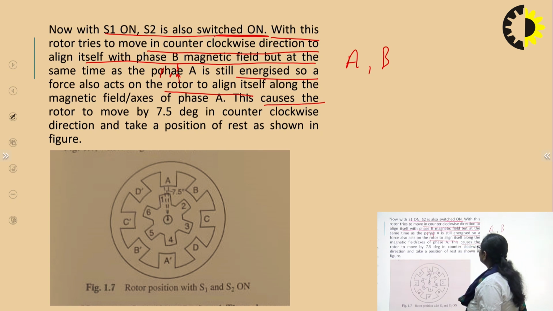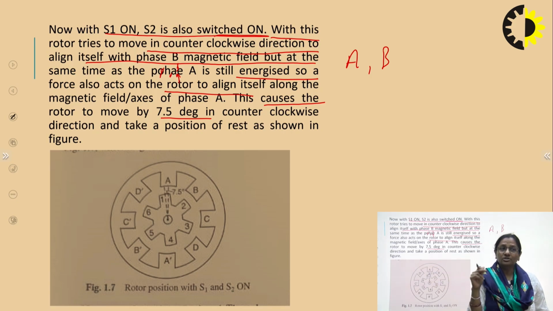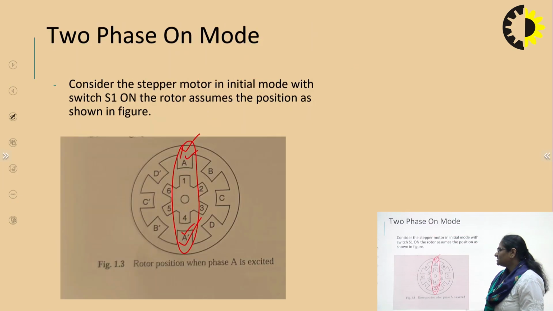This causes the rotor to move by 7.5 degrees in the counterclockwise direction from its reference position of rest. What was the reference position of rest? This was the reference position of rest.